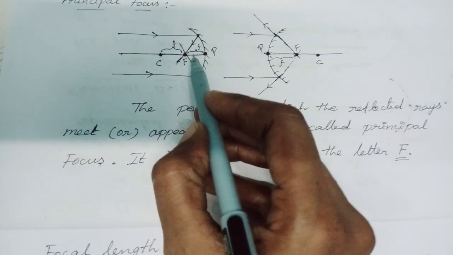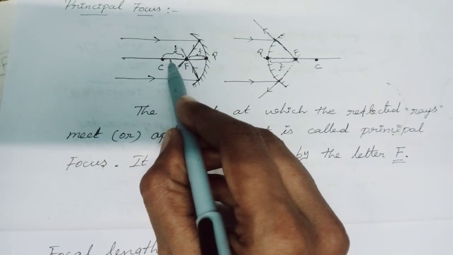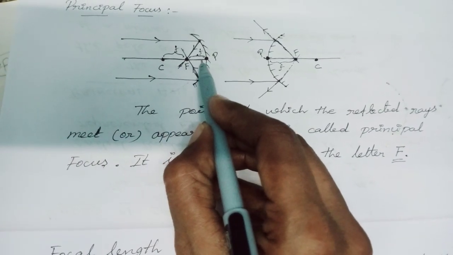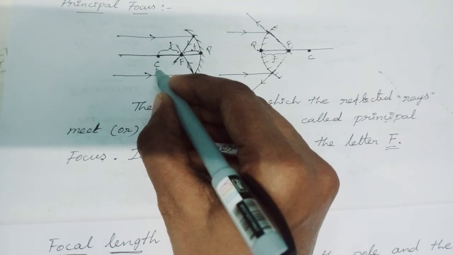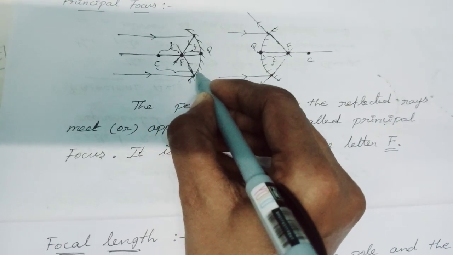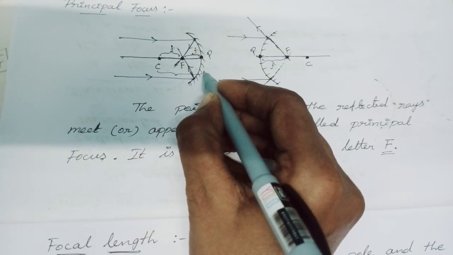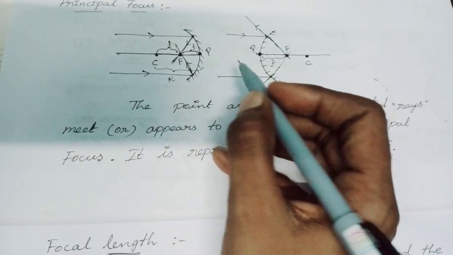So if this is f and this distance is also equal to the same value, that is f. And we already know this total distance, the distance between C and P, is called as what? A radius of curvature. It is called the radius of curvature, right?